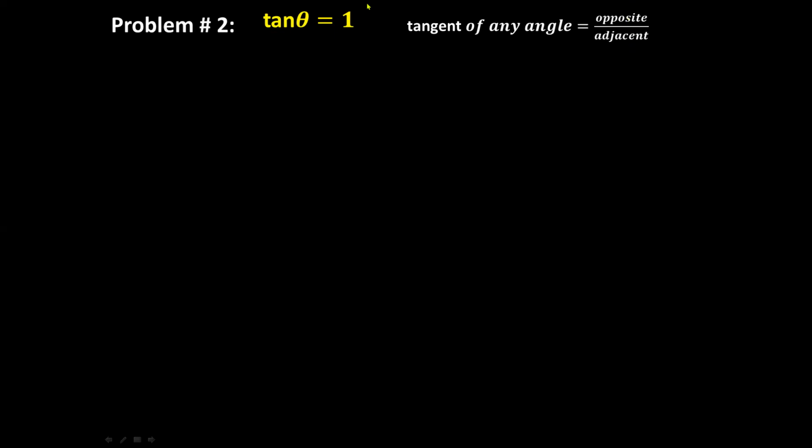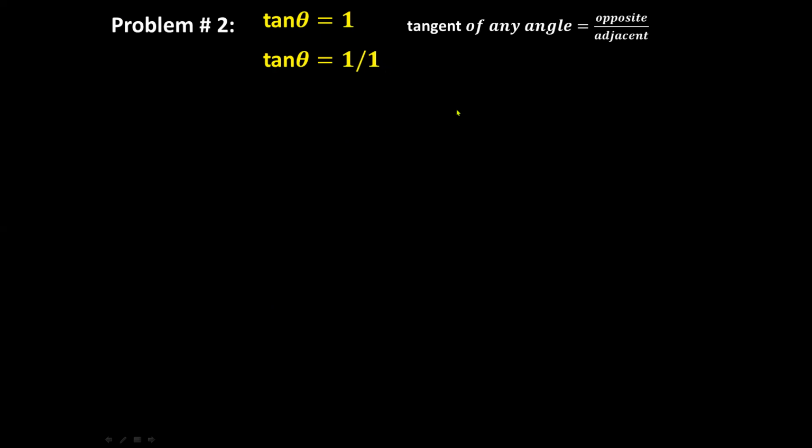Take note, ang 1, pwede kong i-rewrite ng 1 divided by 1 or 1/1, kasi nga 1/1 is 1 pa rin, nang sa gayon ay magkaroon tayo ng numerator or opposite over denominator na adjacent. So, opposite over adjacent na. Ang opposite value natin is 1. Ang adjacent value natin is 1.